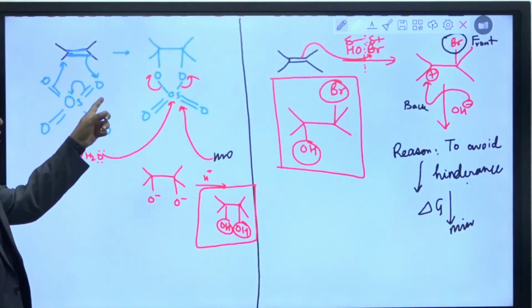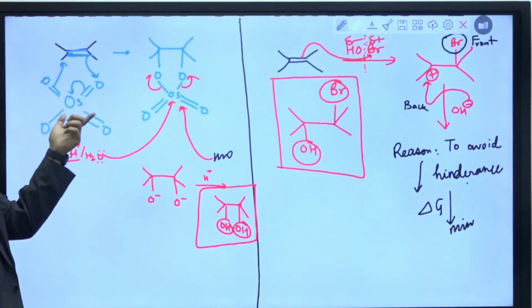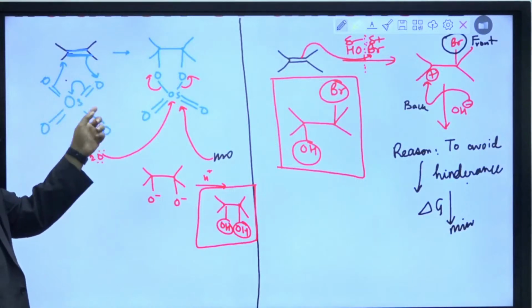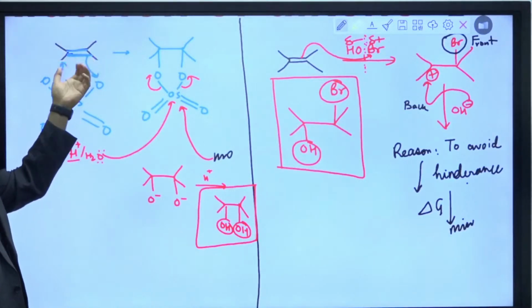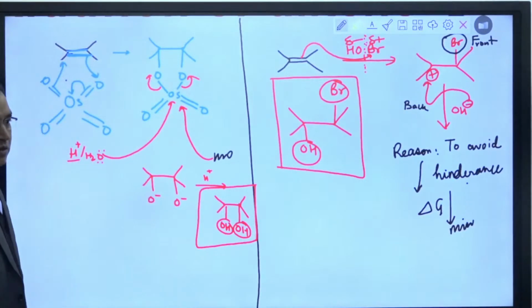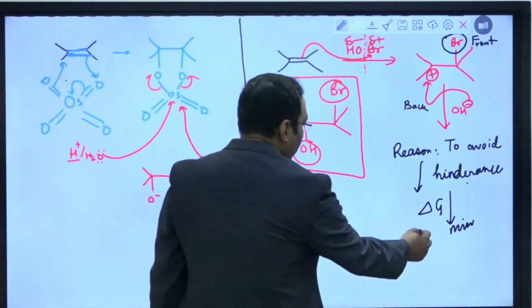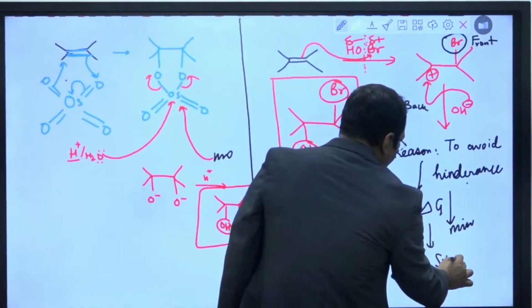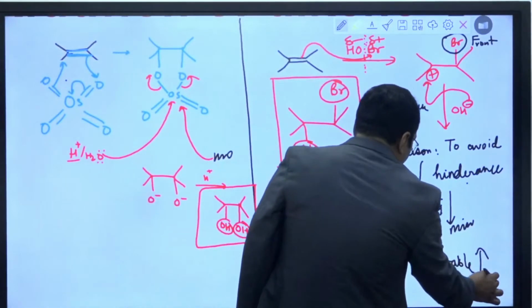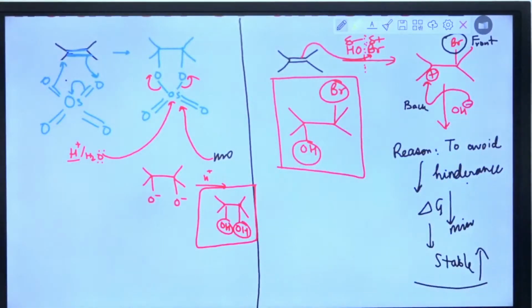But why is this doing opposite? Because the compound itself is like that. OsO4 is not breaking, the whole unit goes together, so both get fixed here together. Delta G becomes lesser. What does lesser delta G mean? More stability. Minimum delta G means a more stable structure. That is thermo. Is that clear?